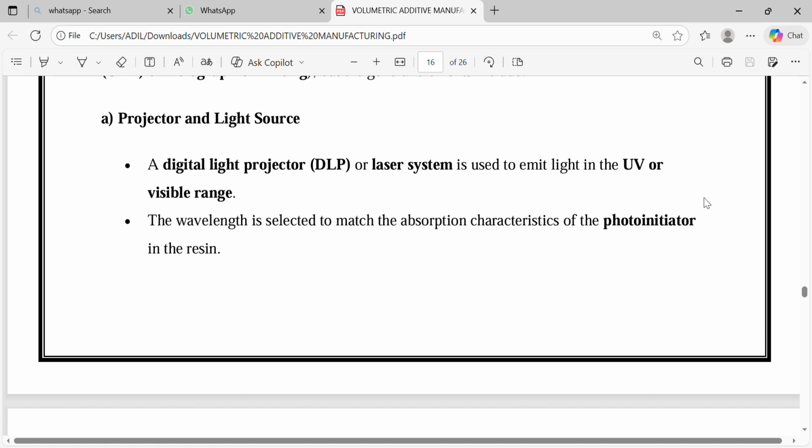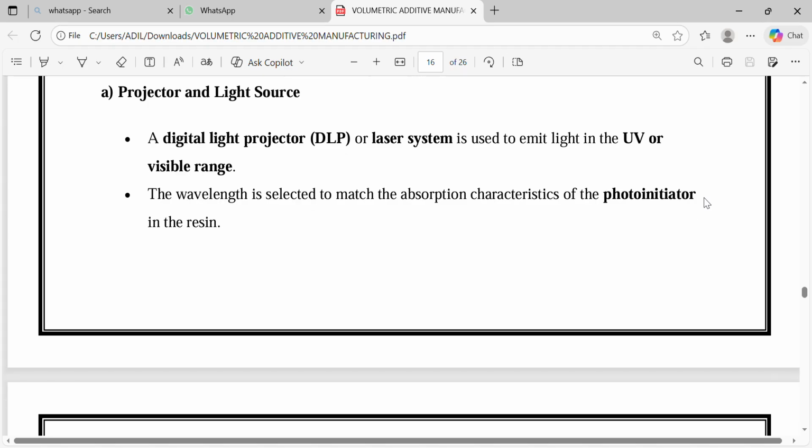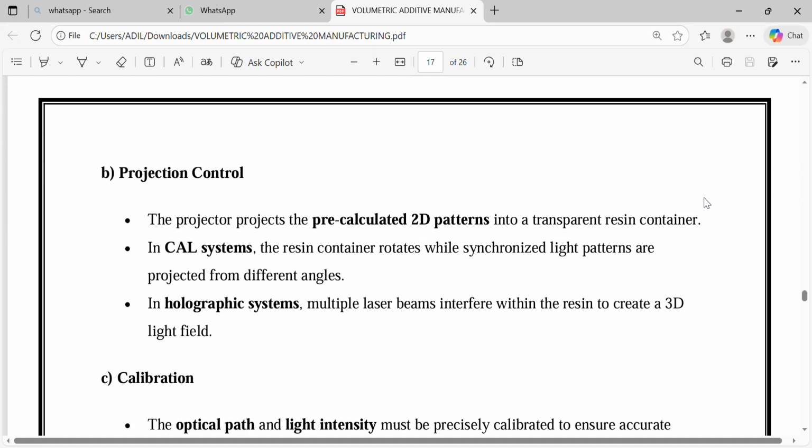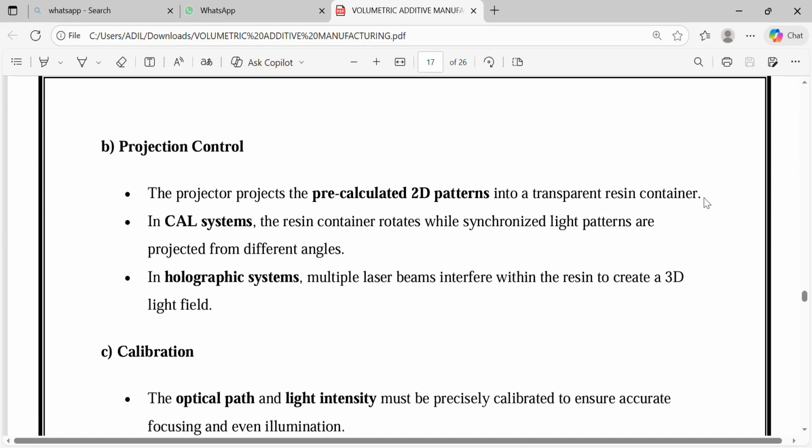Digital light projectors are used in VAM to project patterned light, cure resin, and create 3D structures. Key components are a high resolution display, lens system, and light sources. The wavelength is selected to match the absorption characteristics of the photoinitiator in the resin. Projection control. The projector projects the pre-calculated 2D patterns into a transparent resin container.